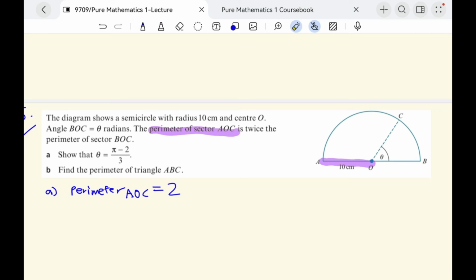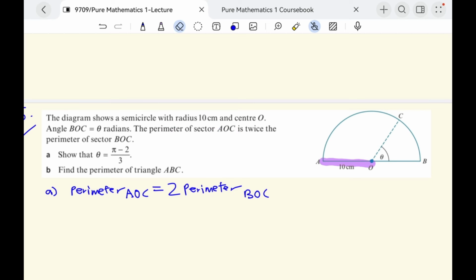So what is the perimeter of BOC? It is the sum of this arc length and these two radius. Okay, so it's twice the perimeter of BOC. Okay, so I have this relationship.